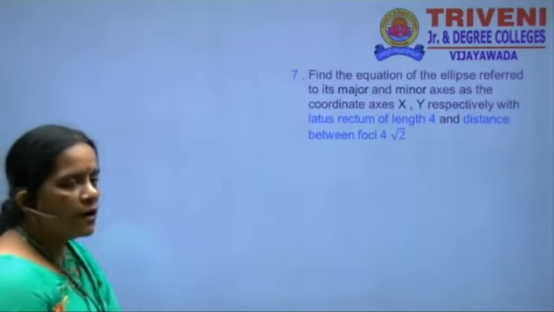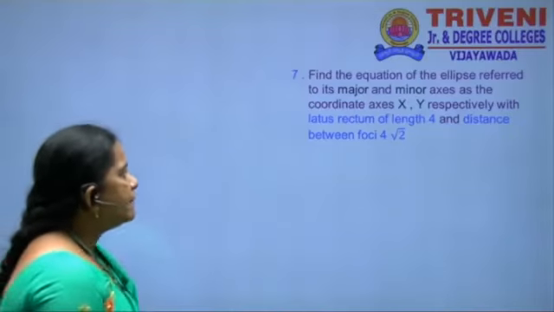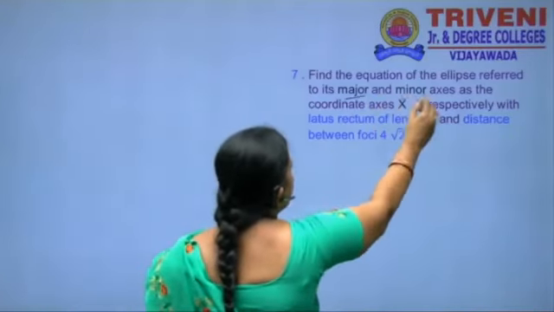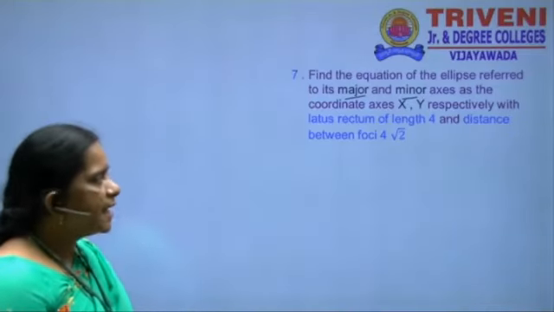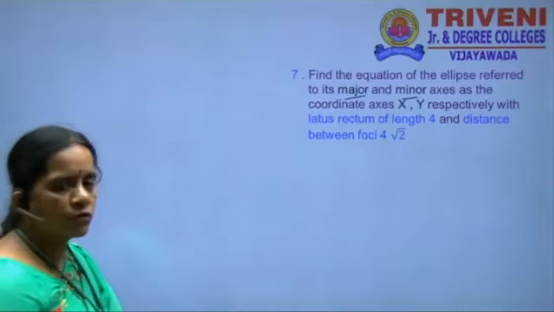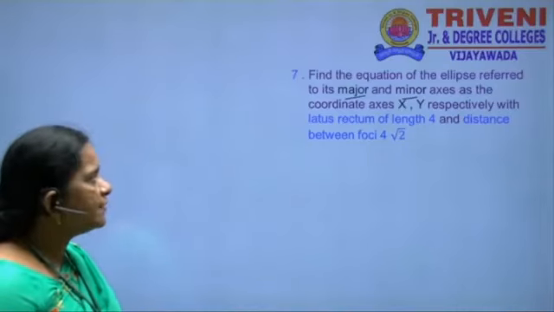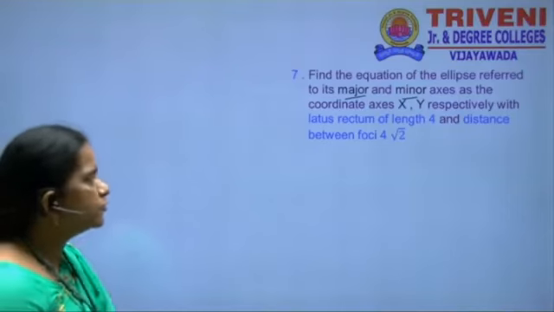Here also find the equation of the ellipse, referring to the major axis and minor axis, with latus rectum of length 4. Latus rectum means 2b square by a is equal to 4, and the distance between the foci is 4 root 2.